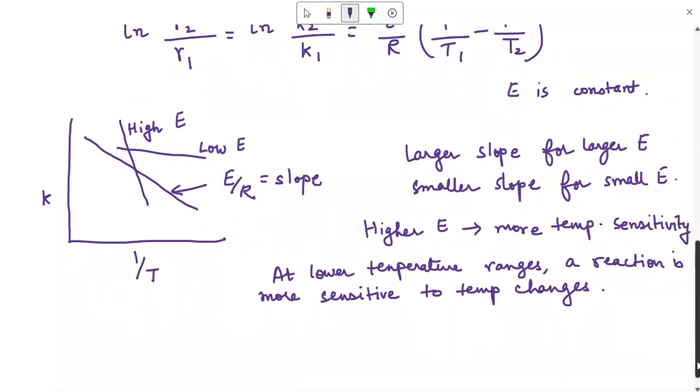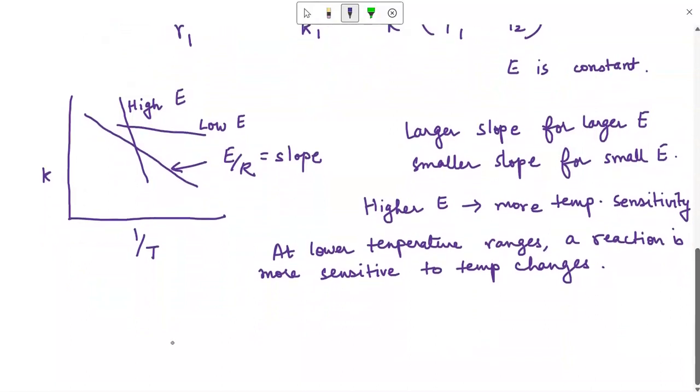And this pre-exponential factor k0 or A that we were talking about does not affect the temperature sensitivity.